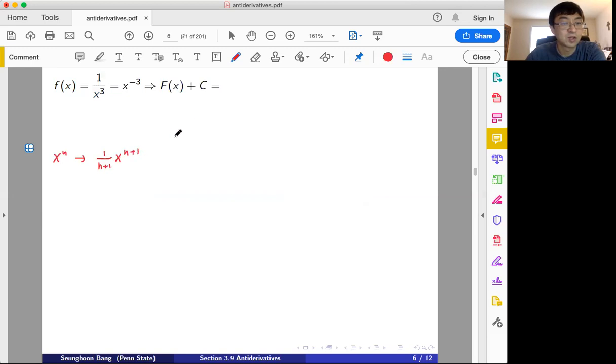Negative 3 is n. Plugging in, we have 1 over negative 3 plus 1 times x to the negative 3 plus 1, plus c. So we have 1 over negative 2 times x to the negative 2, plus c.